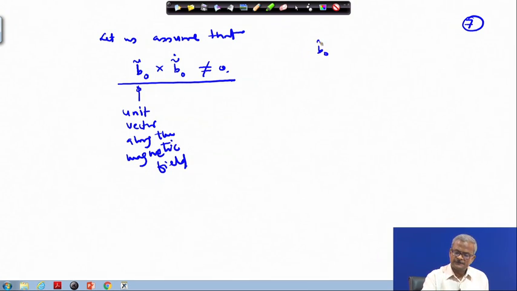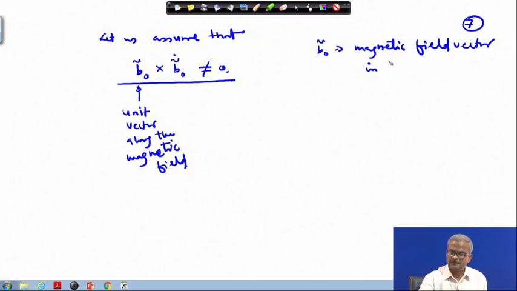So, B 0 tilde is the magnetic field vector in the orbital frame.